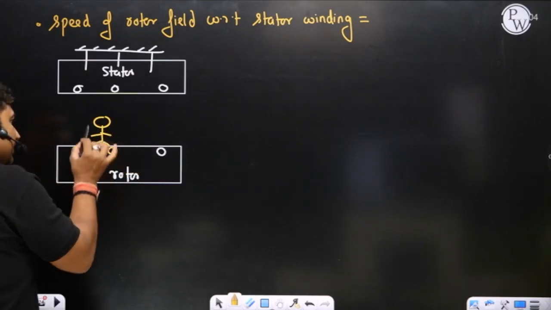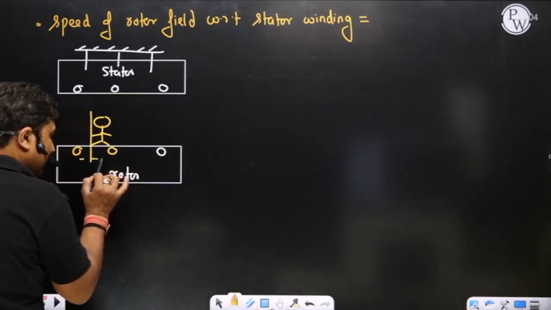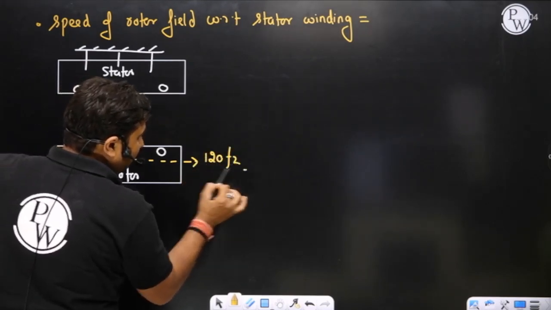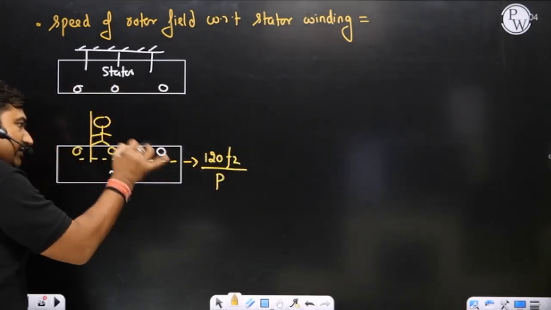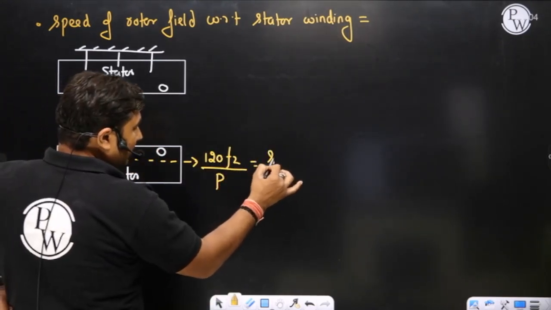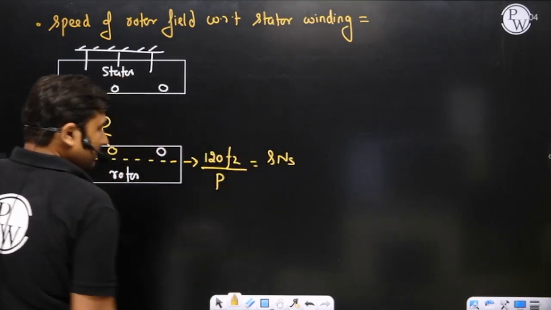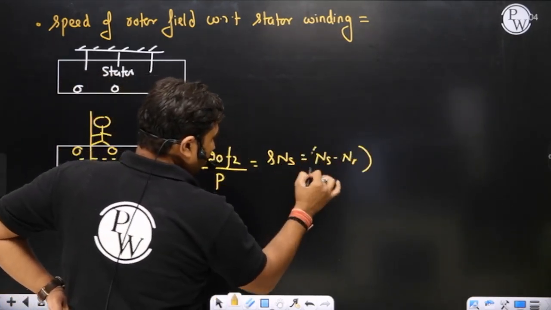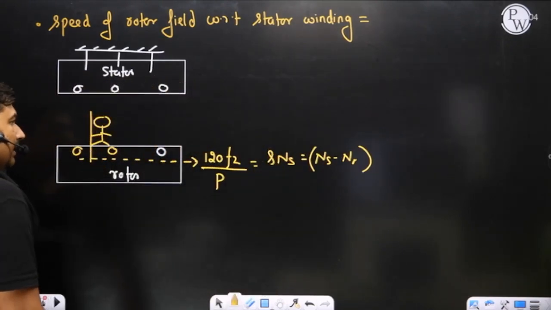So, rotor field with respect to rotor structure is moving at a speed of SNS, 120 F2 by P, where F2 is the frequency of current flowing into the rotor winding. So, that will be equals to SNS. Yes, sir. Or you can say NS minus NR. Already we know about NS minus NR.